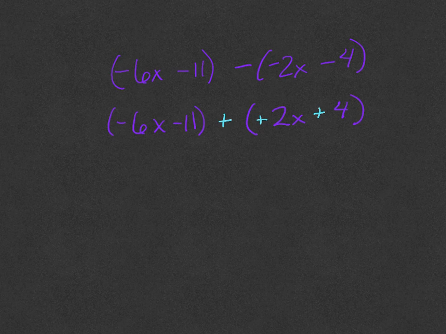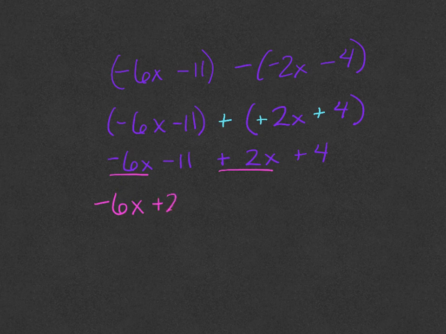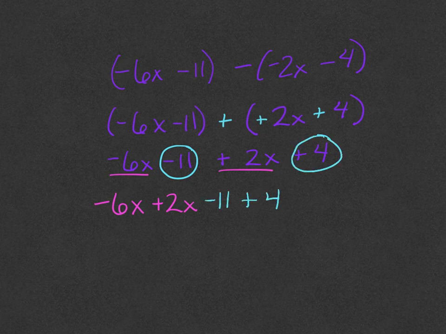Now I'm going to rewrite it without the parentheses, so negative 6x minus 11. And I'm just going to put plus 2x plus 4. I don't need to put both addition signs, right? Now I'm going to put my terms together next to each other. So negative 6x plus 2x. And then I'm going to put my constants, negative 11 plus 4.